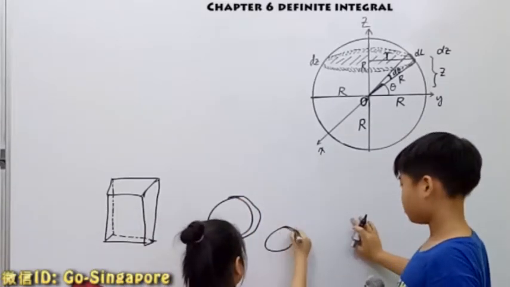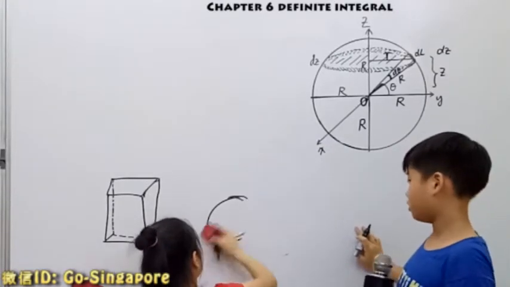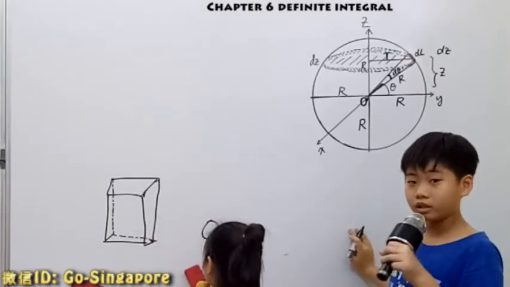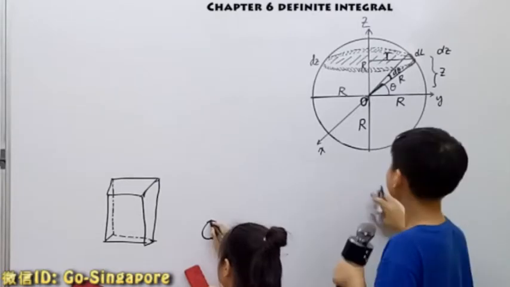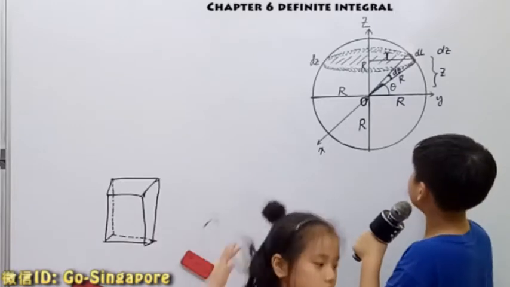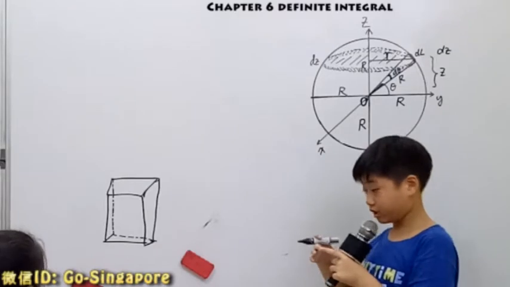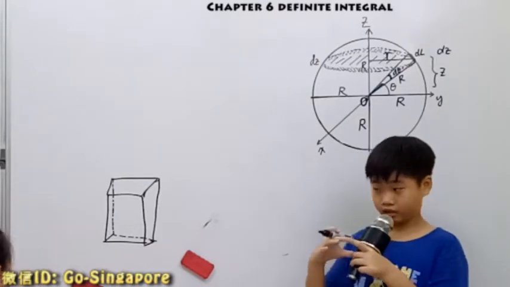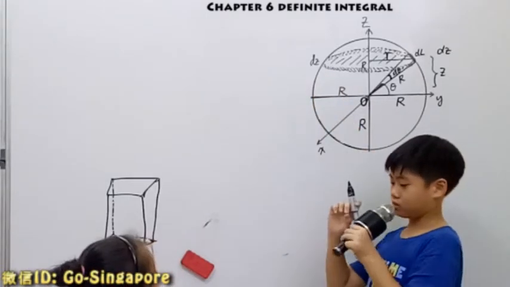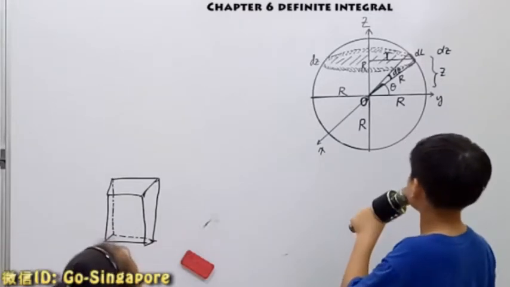A circle, but it's as thin as possible, which makes it 2D. The disk is a whole thing, solid inside. And what is the thickness? The thickness is dz.